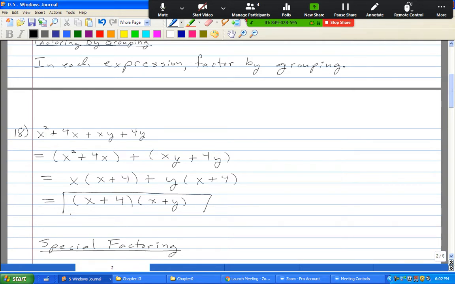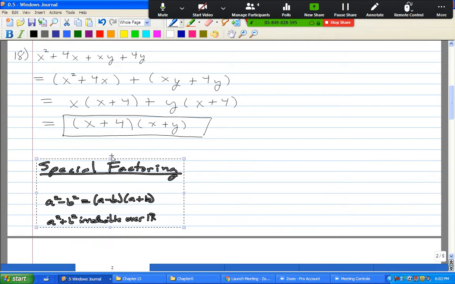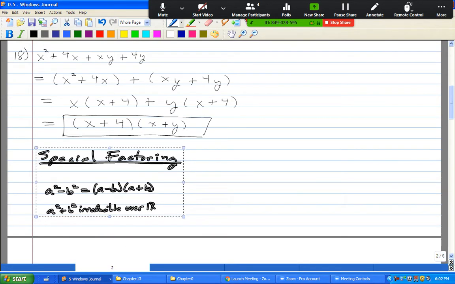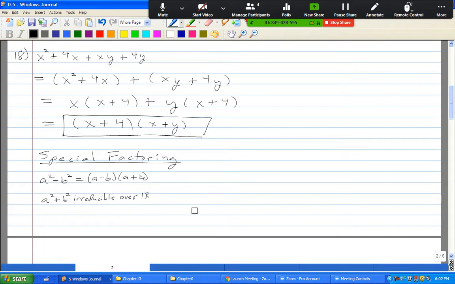Okay. So let's recall special factoring. The difference of squares, maybe I should write that down.